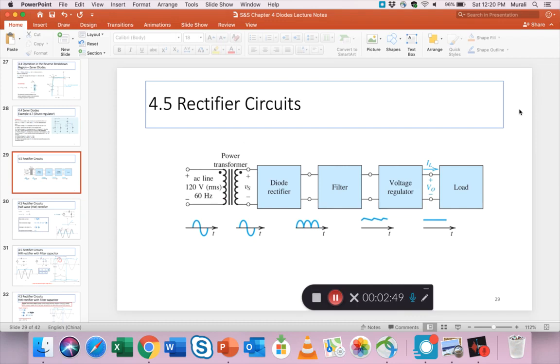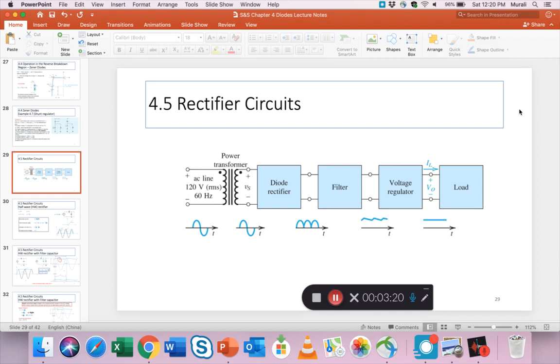I don't know what exactly the figure number is, but you will find it in section 4.5 right at the top. So let's look at each of the blocks in this block diagram so that we have a better understanding of what rectifiers are. So first and foremost, you need a power transformer, because generally if you're going to supply DC power, now obviously you know what a rectifier is.